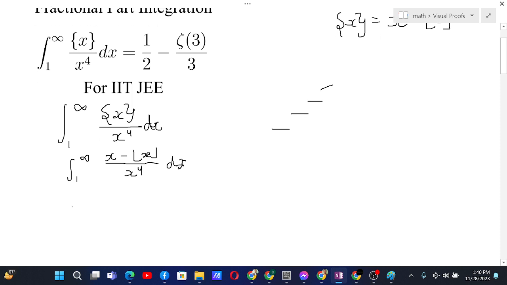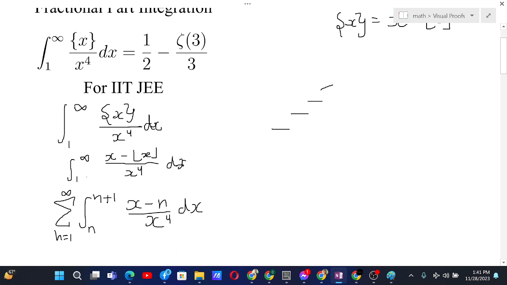So we can change it to the sum from n equals 1 to infinity of the integral from n to n plus 1 of (x minus n) by x to the power 4 dx. Here we are utilizing this discrete property of the greatest integer function.